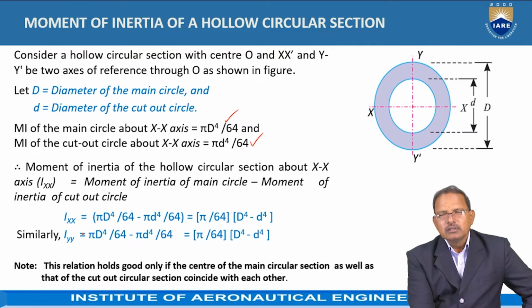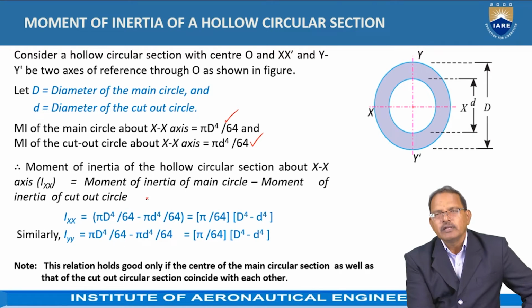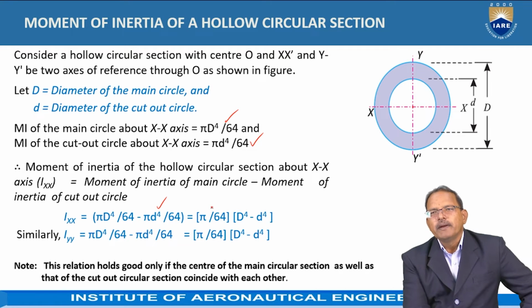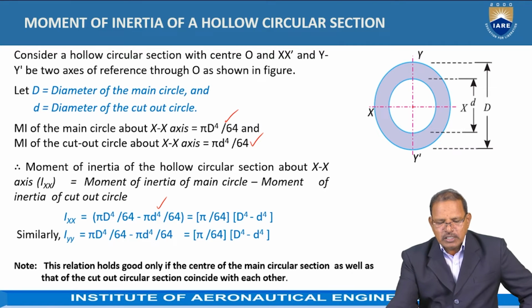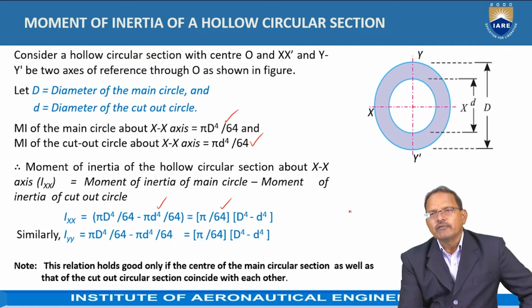That is, I_x is equal to πD⁴ by 64, the moment of inertia possessed by the main circle, minus πd⁴ by 64, the moment of inertia possessed by the cutout circle. This difference gives the moment of inertia of a hollow circular section about the x-axis. Since π by 64 is common, the remaining value is capital D to the power 4 minus small d to the power 4 now.